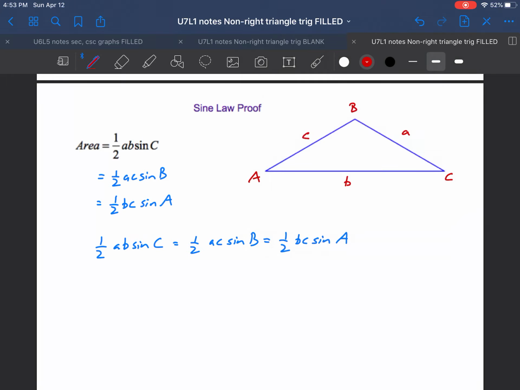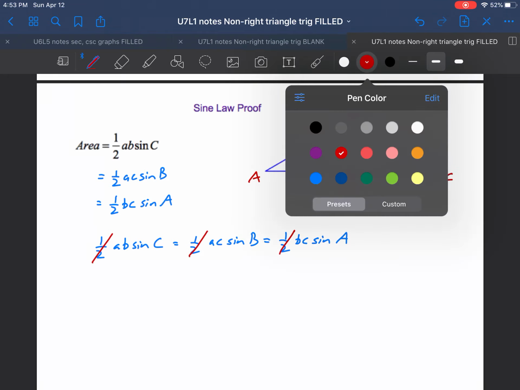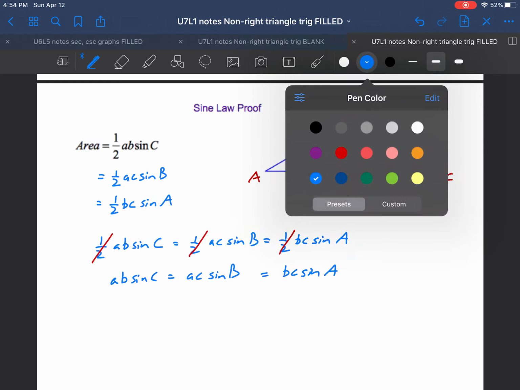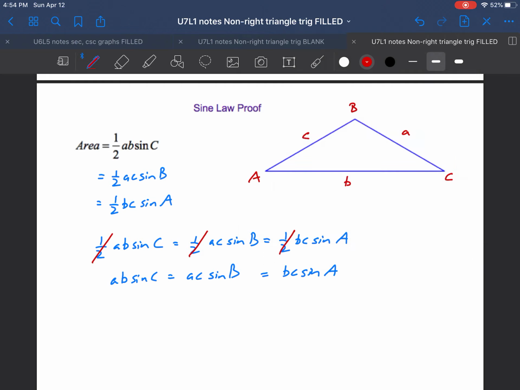Basically we want to work our way into an expression with the law of sines. So first thing I can do, the 1/2s can go away, so we don't have any denominators. AB sine C is equal to AC sine B, which is equal to BC sine A. Now what I'm going to do with this expression is divide everything by ABC.